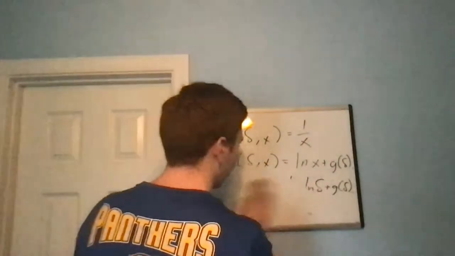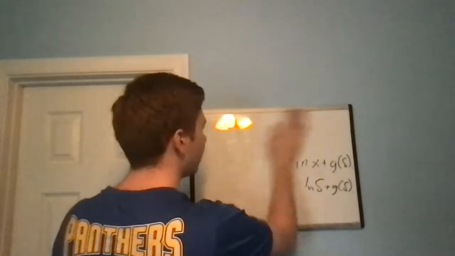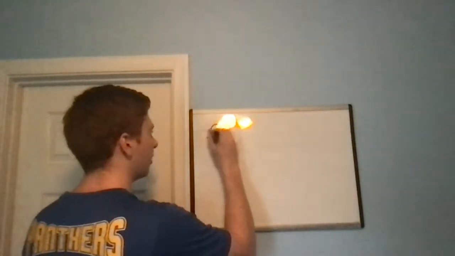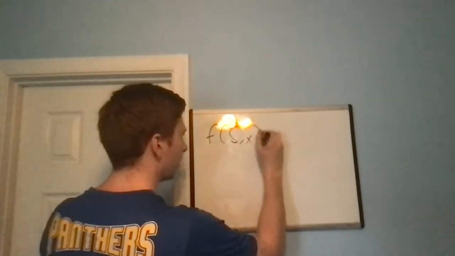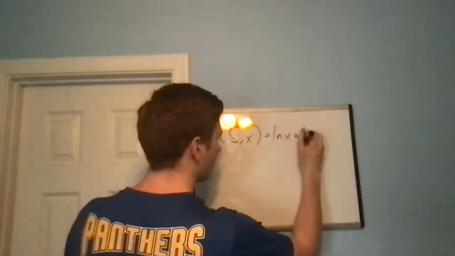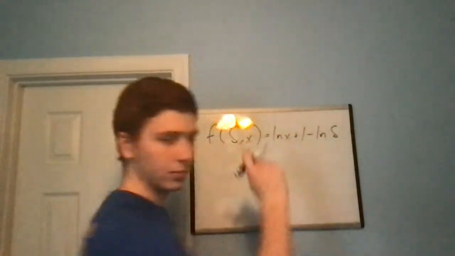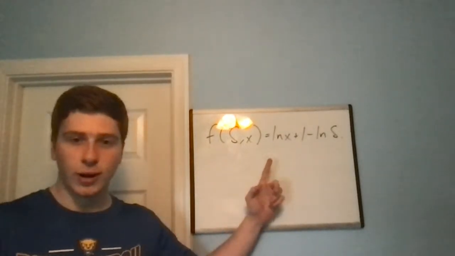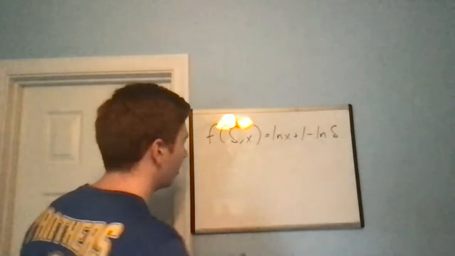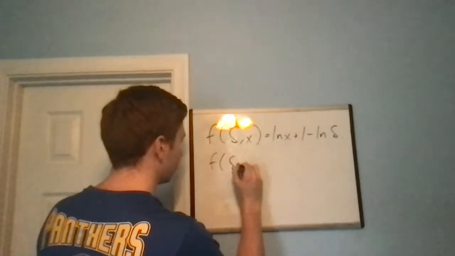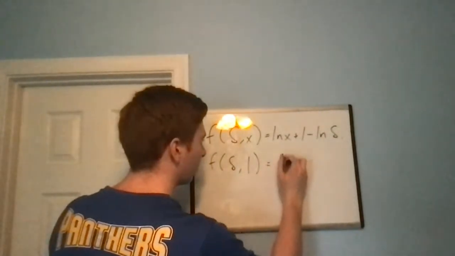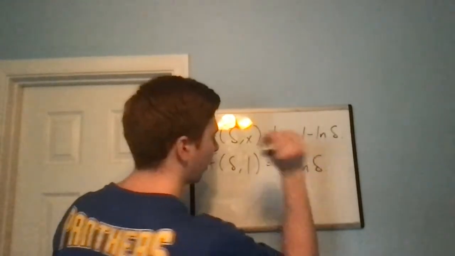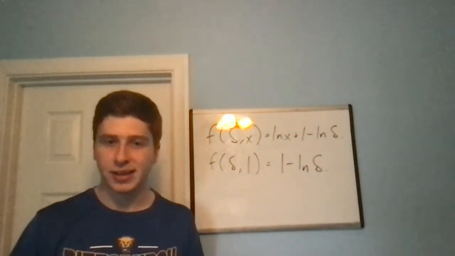So once you solve this out, you get f of delta comma x equals ln x plus 1 minus ln delta. And when we plug in x equal to 1, when x naught is 1, we get the magical 1 minus ln delta once again.